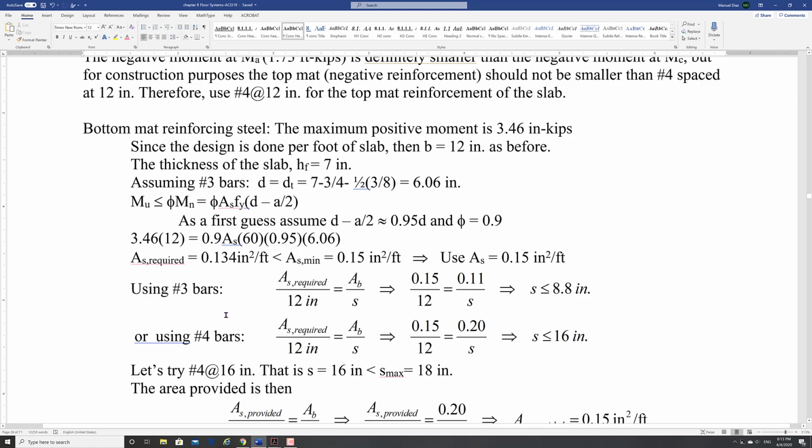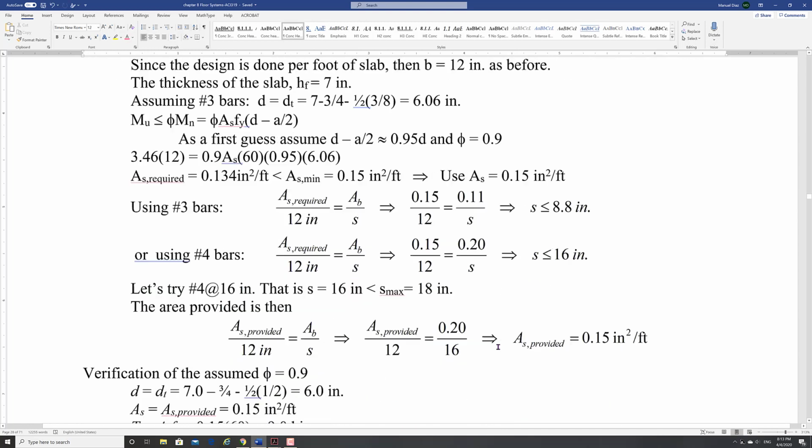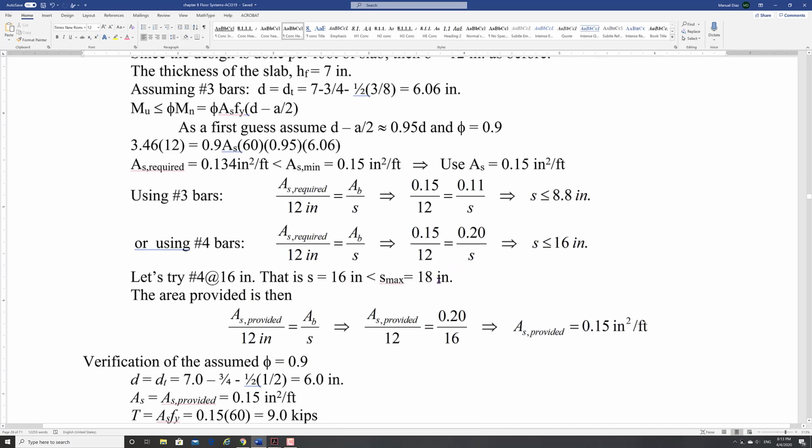If I use my number 4s, I get an S of 16 inches, which is below the 18 inches, which apparently looks good. I'm doing my 0.20 at 16, so I'm providing exactly the minimum.